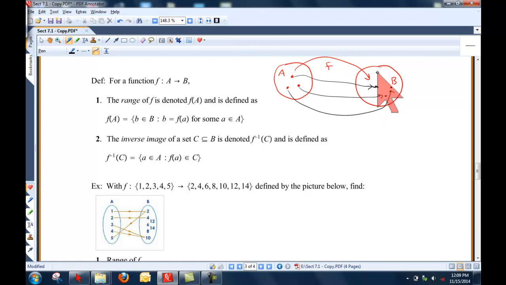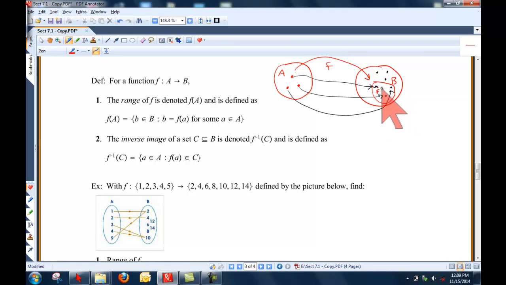But there might be other guys over here. This one, and this one, and this one. So what's the key check? The range consists of the elements which are actually possible outputs. It's right here.